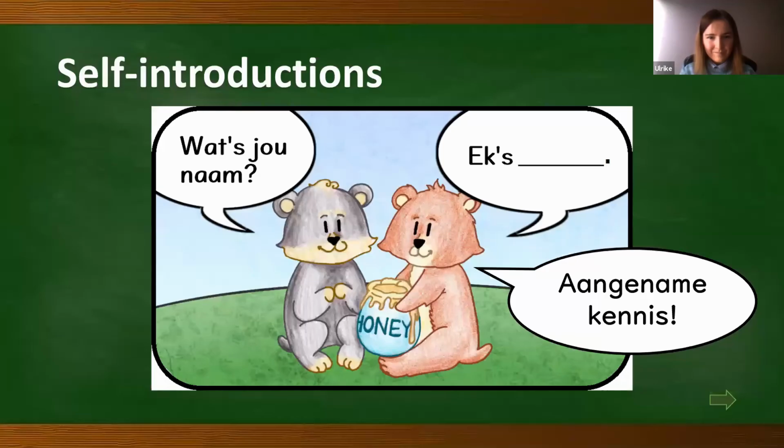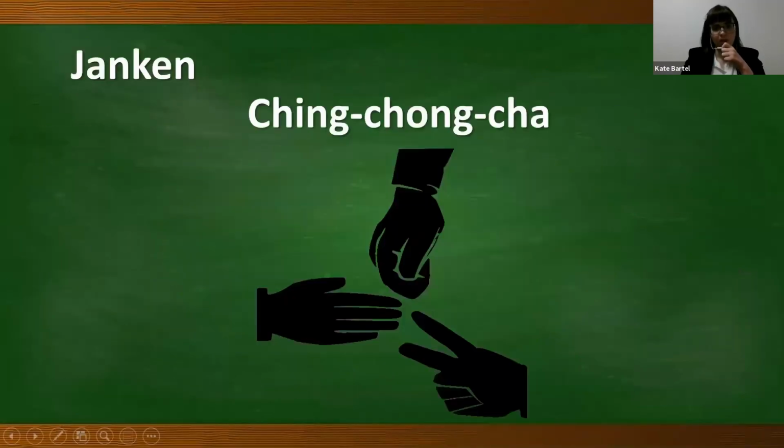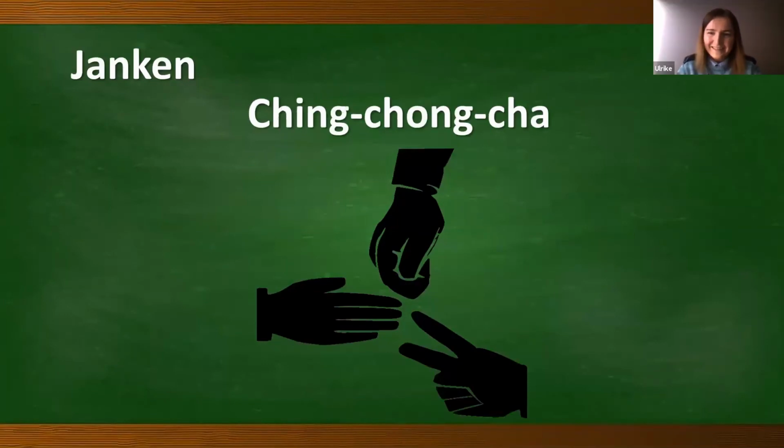So can we go back to the slide, please? Just a second, I'll put it on screen sharing. Okay, and I'll move it forward to, here we go. Okay, so this is Afrikaans rock, paper, scissors. We say ching chong cha.